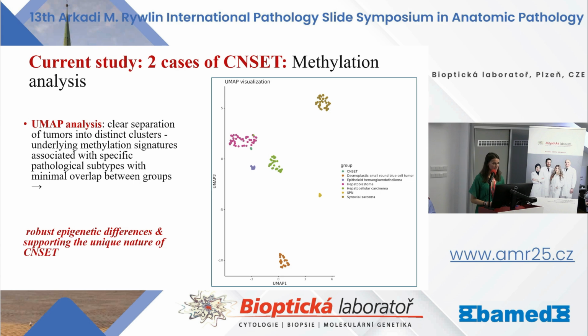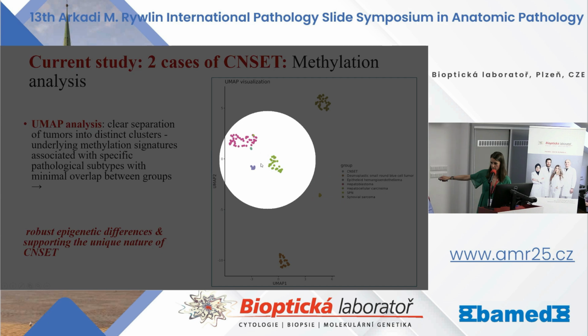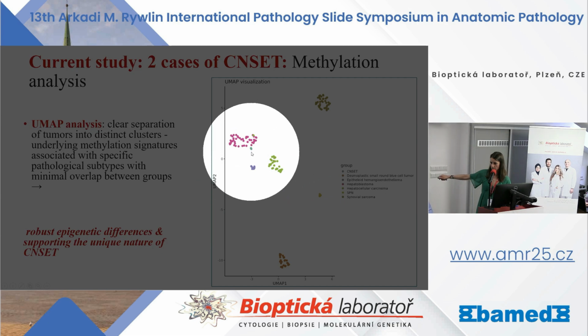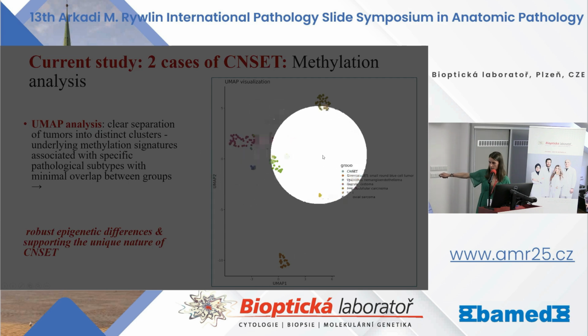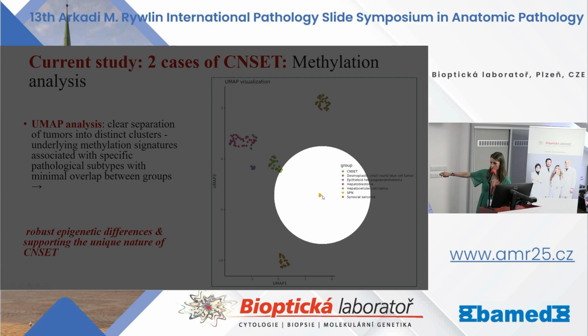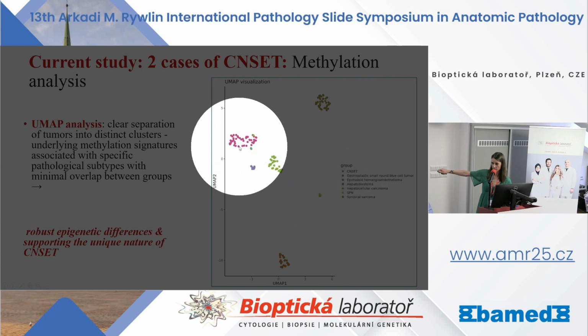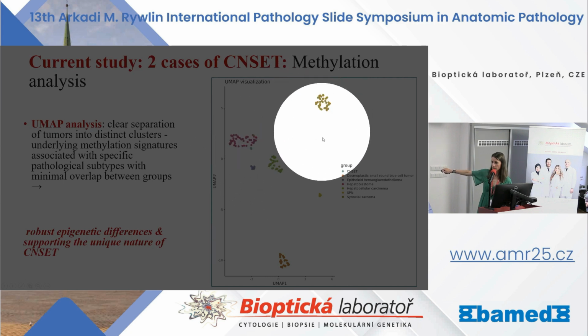The methylation analysis reveals clear separation of tumors in distinct clusters. Here you can appreciate in this dark green color the presence of two cases of calcifying nested stromal epithelial tumor of the liver. Here in the dark yellow color is solid pseudopapillary neoplasm of the pancreas. This pink cluster represents hepatoblastoma, and here are other included entities.